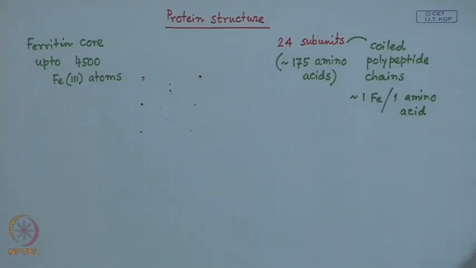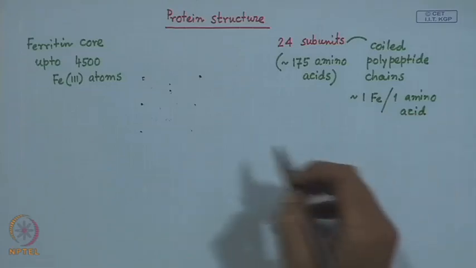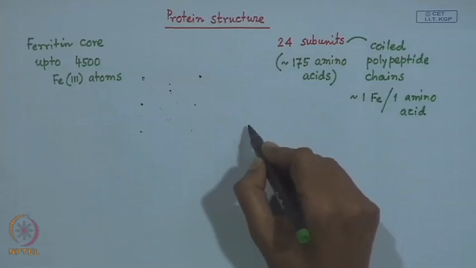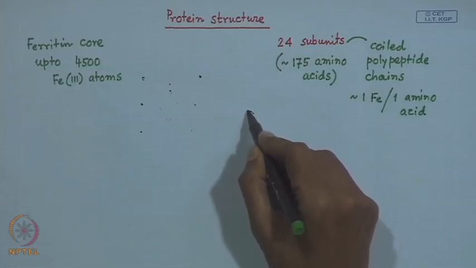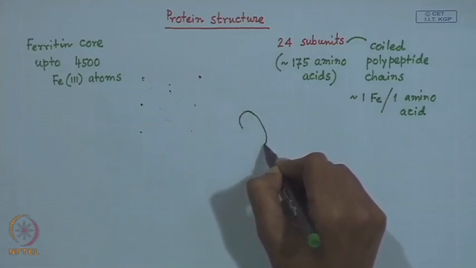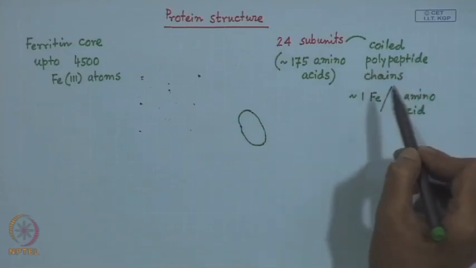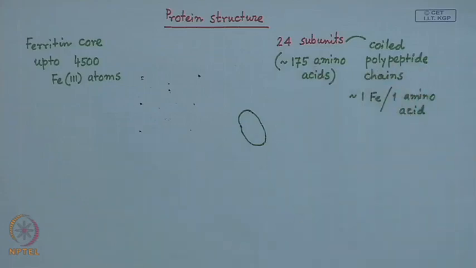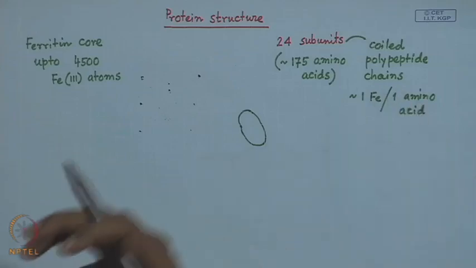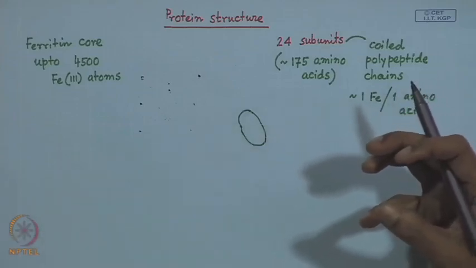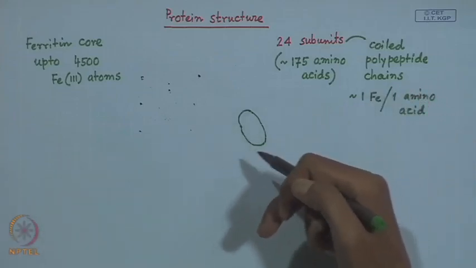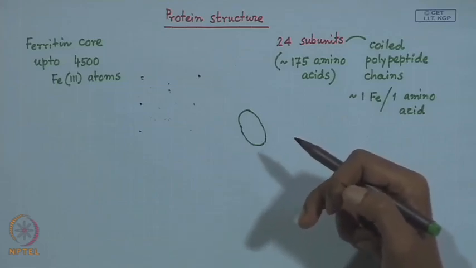So, it is an even number arrangement of all these groups. So, basically it has some symmetry, and this symmetrical arrangement is also very nice to know. So, this is one particular coiling, a coiled polypeptide chain. You have a long polypeptide chain which is getting coiled, and basically a long oval shaped structure it is generating. So, 24 such structures you can have.